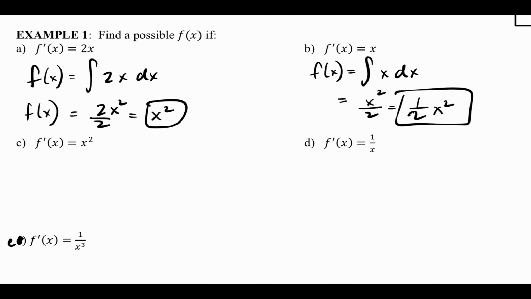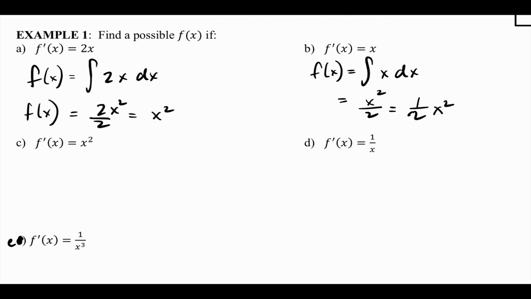Oh, I forgot something. I totally forgot something. We found the antiderivative, but just like we did in our example, there could have been a constant out there, right?